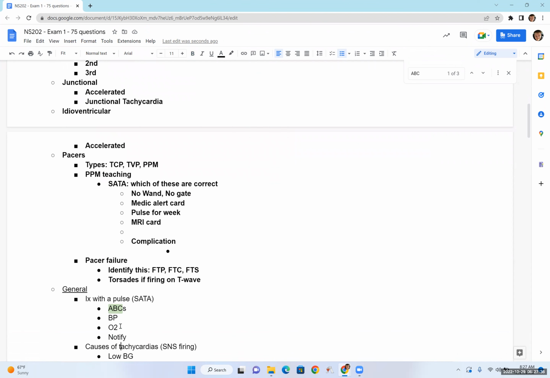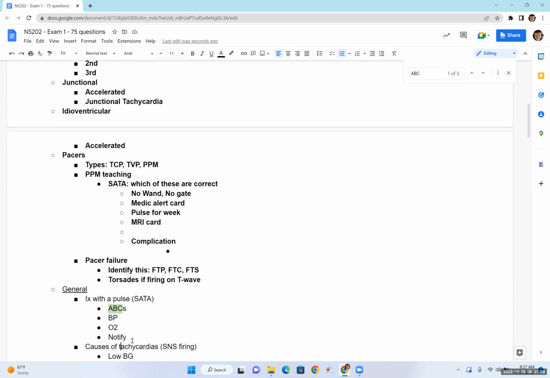Airway, breathing, circulation. So get some oxygen on them if oxygen is low, and check their circulation. You could be checking cap refill, but we want to know what the blood pressure is. If the blood pressure is low, we have to intervene. We can intervene with meds sometimes as long as the blood pressure is good, because most of the meds are going to lower your blood pressure if they're fast rhythms.